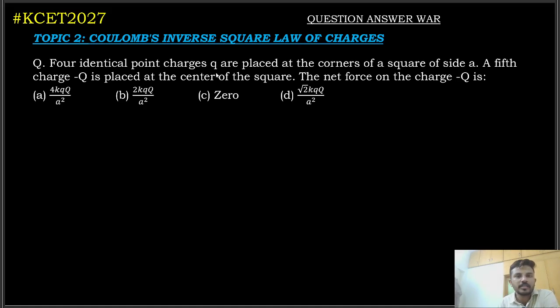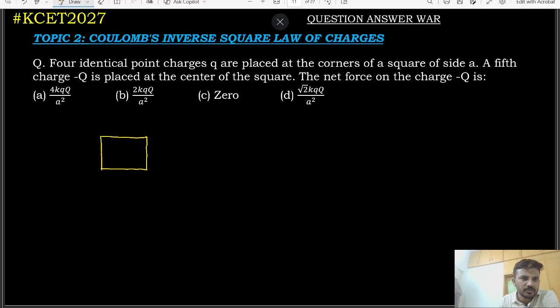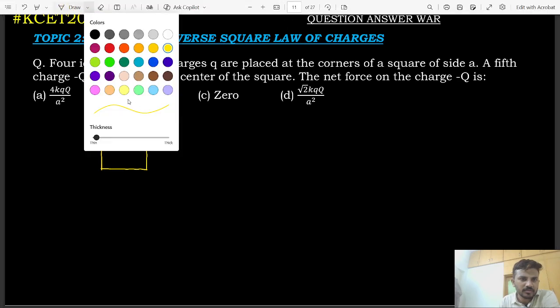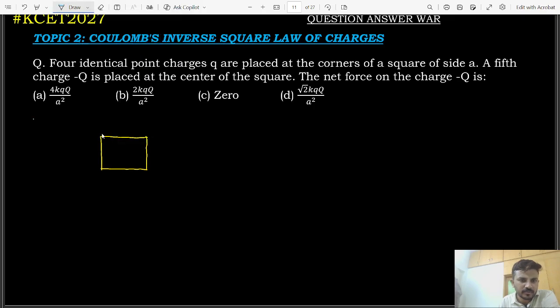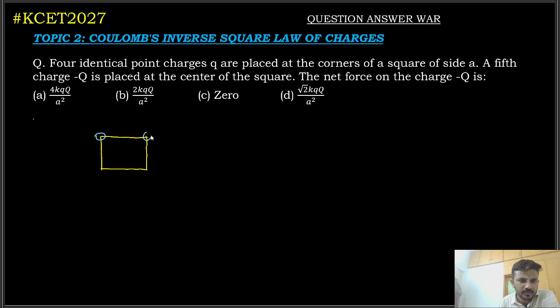Next. Four identical point charges Q are placed at the corners of a square of side A. Let's consider a square. At the four corners we have placed charges. It doesn't look like a square, but let's consider all sides are equal.